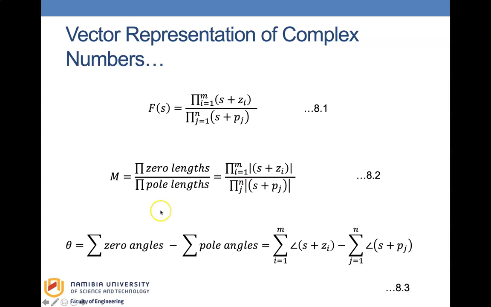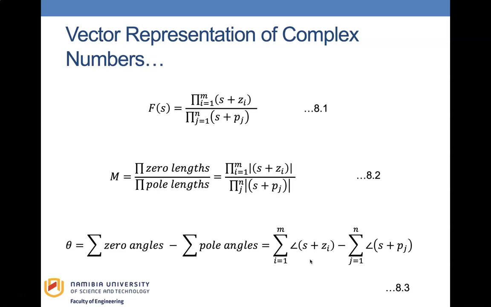Similarly, the length of a pole, s plus p subscript j, is the magnitude of the vector drawn from the pole of F of s at minus p subscript j to the point s. Then the angle theta of F of s at any point s is given by equation 8.3, where an angle subtended by a 0 is measured from the positive extension of the real axis of a vector drawn from the 0 of F of s at minus z subscript i to the point s.